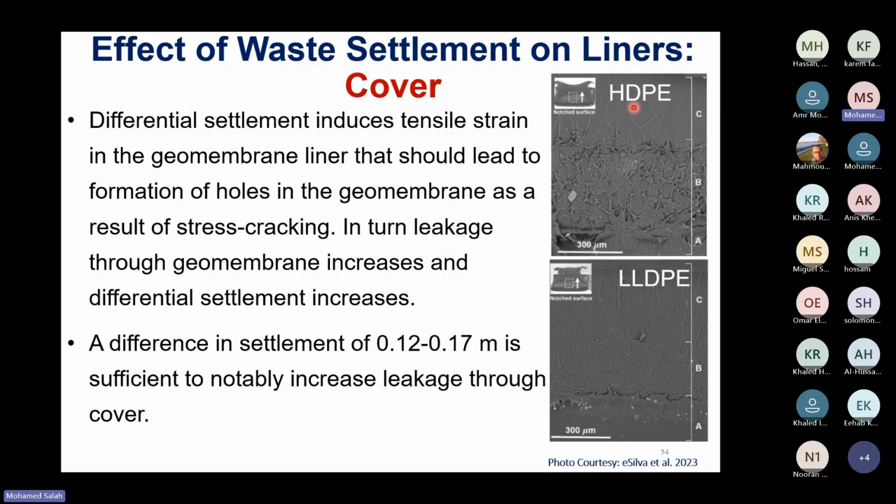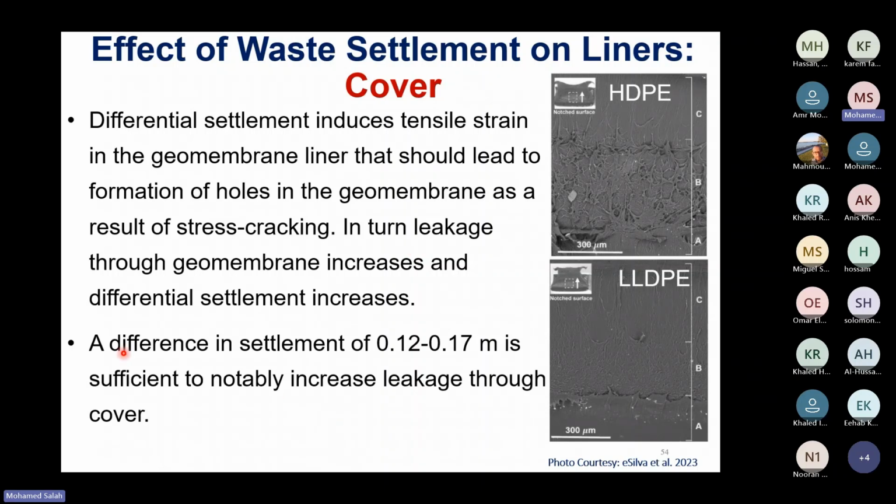What we see on the right is a cross section of a broken geomembrane specimen extracted from a stress cracking test. Stress cracking and formation of holes in the geomembrane simply means leakage through the geomembrane, and subsequently this leakage will increase the differential settlement of the waste, and in turn it will increase the differential settlement of the cover.